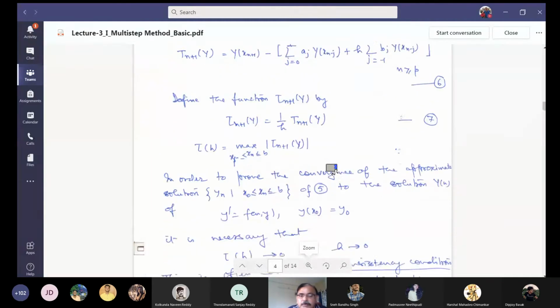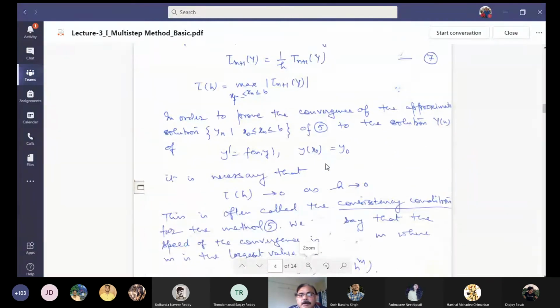Okay. This is the major part: tau_h going to 0 as h approaches 0 is called the consistency condition. Any method which you develop must be consistent. Otherwise, if it is inconsistent, you get something else at one stage, and if you apply again with another initial guess, you get something else.